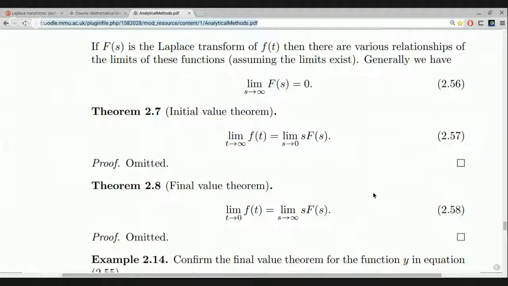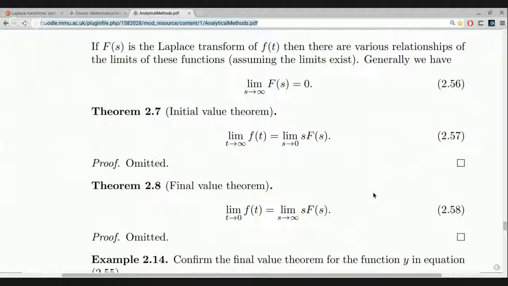So the initial value theorem refers to the limit as s goes to 0 of, well, not of the Laplace transform itself, but of s times the Laplace transform. And this theorem asserts that this limiting value is equal to the limiting value of the original function, little f of t, but as t goes to infinity.